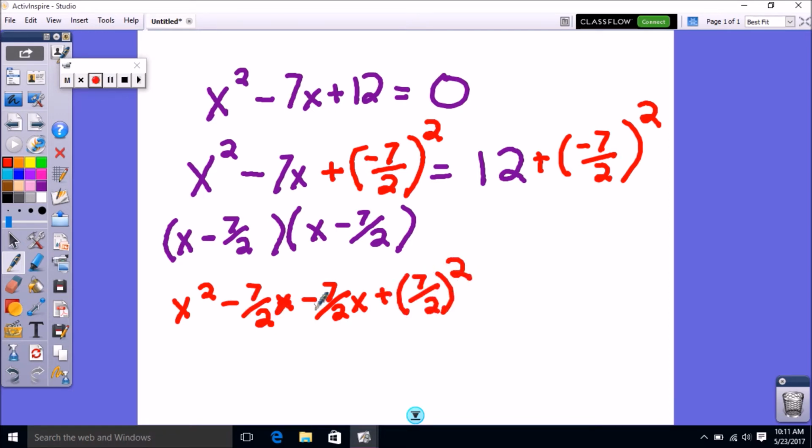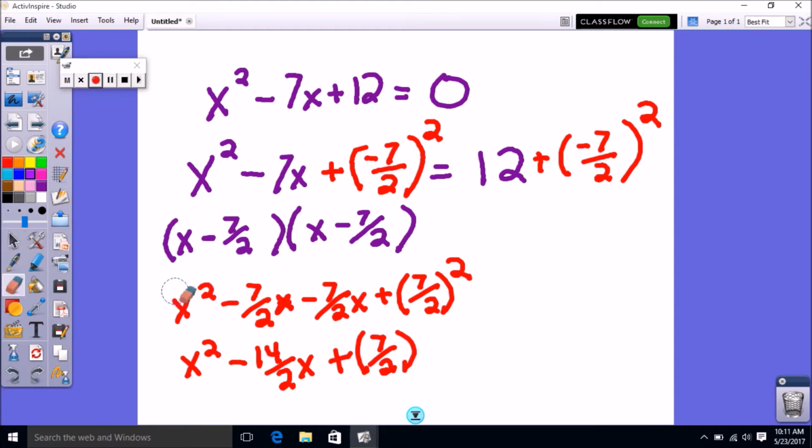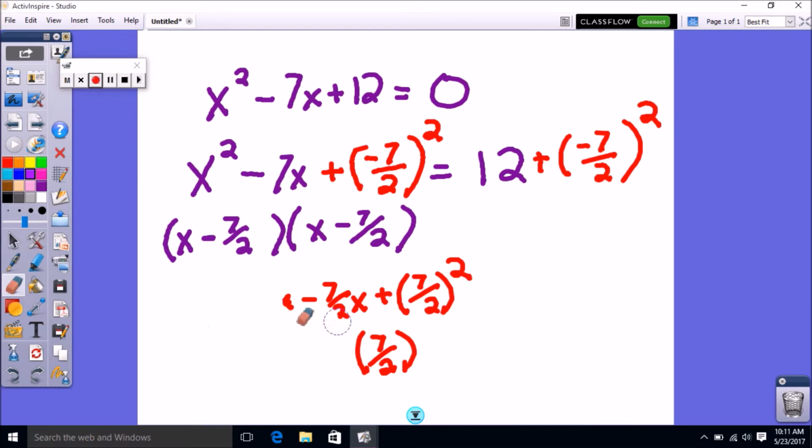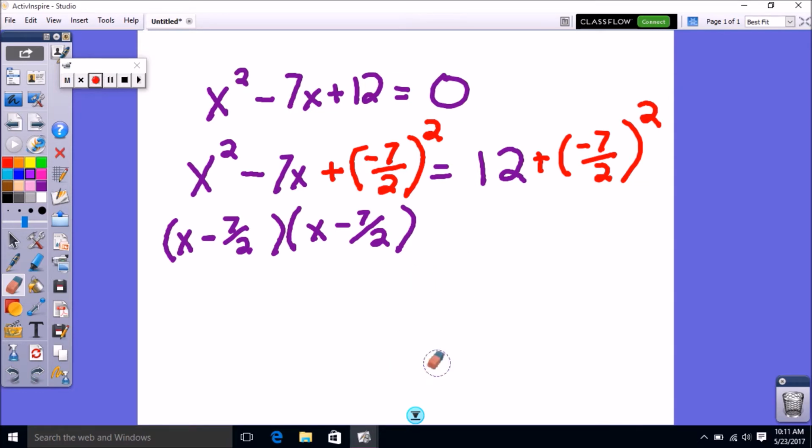Negative 7 halves minus 7 halves is negative 14 halves. And negative 14 halves is negative 7. Now, this is not part of completing the square. I've just done that step to illustrate that that negative 7 is still in there.